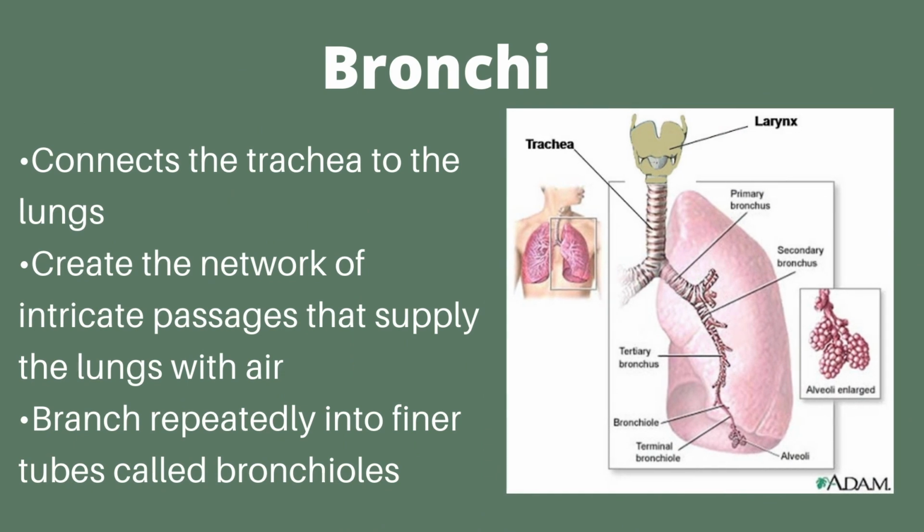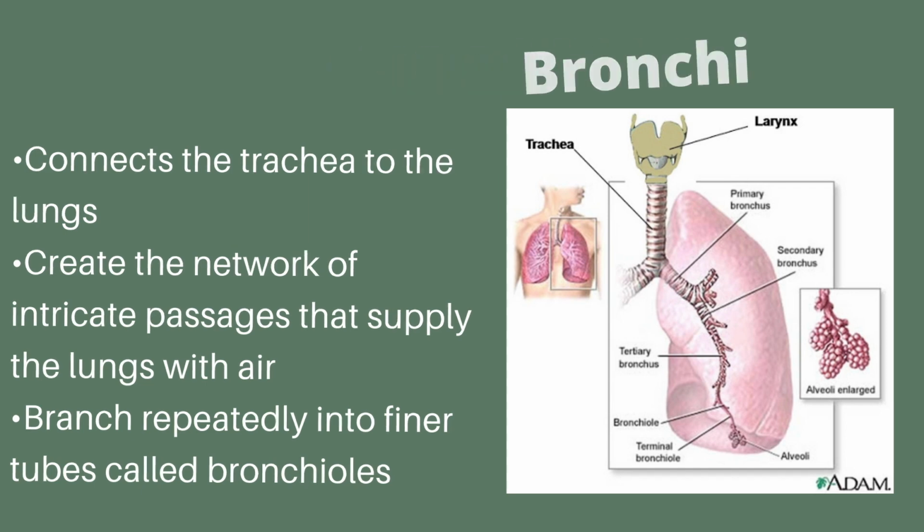There are 2 main bronchial tubes, the left and right bronchi. These tubes connect to the lungs. The bronchi carry air between the trachea and the lungs. Each bronchus branches into smaller secondary bronchi, and the secondary bronchi still branches into smaller tertiary bronchi. The smallest bronchi branch into very small tubules called bronchioles.